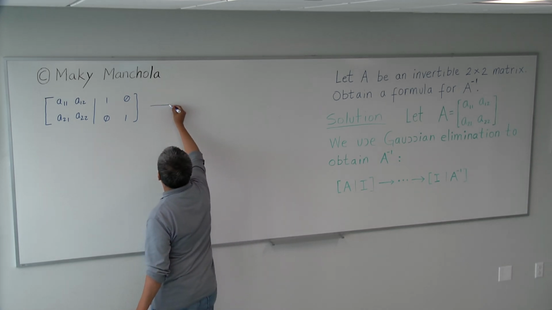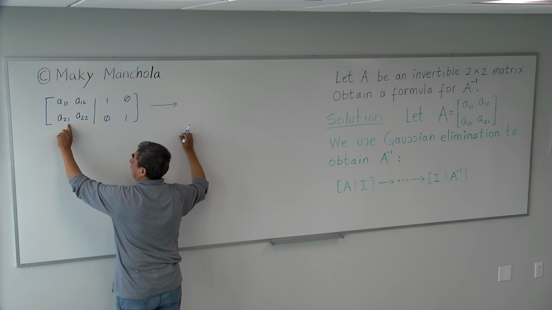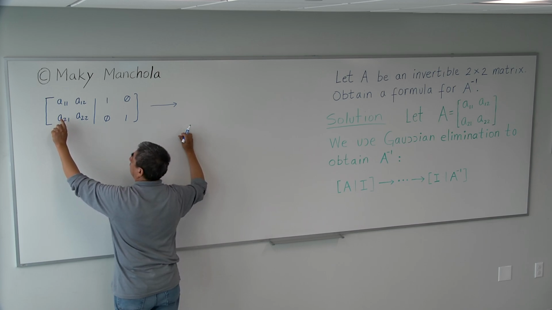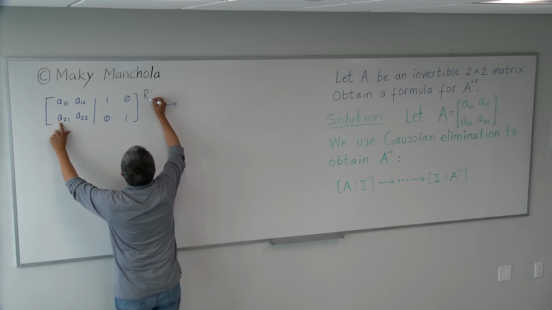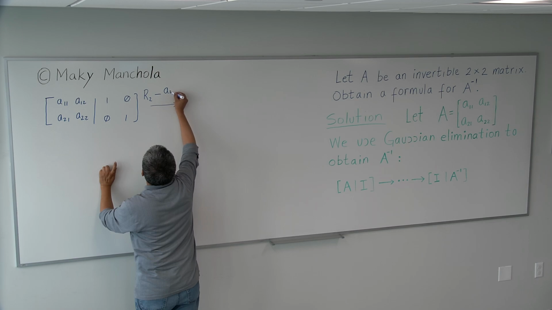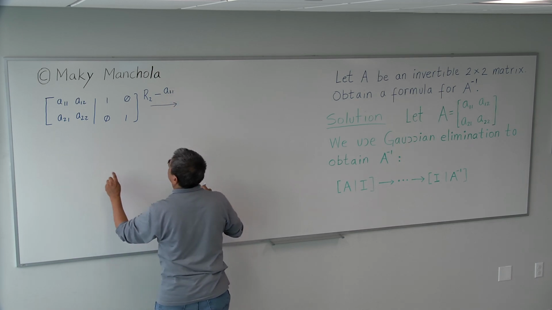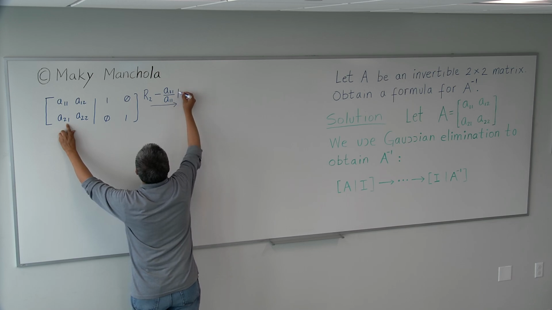Let's first get rid of the A21 entry, the 2-1 entry. To do that, we're going to take row 2 and subtract A21 over A11 times row 1.